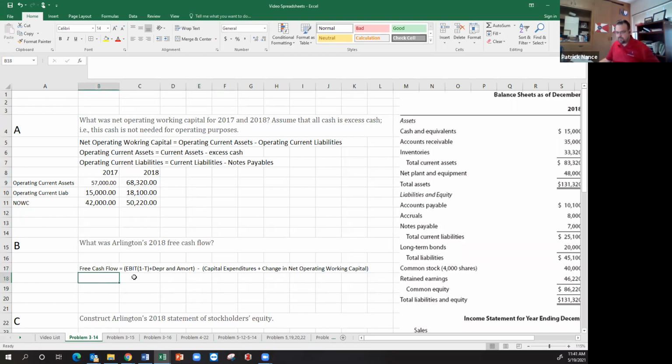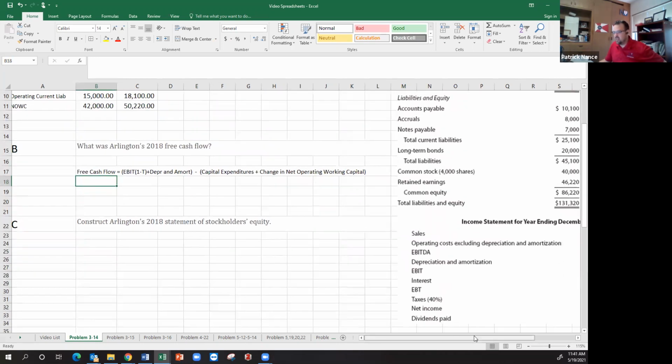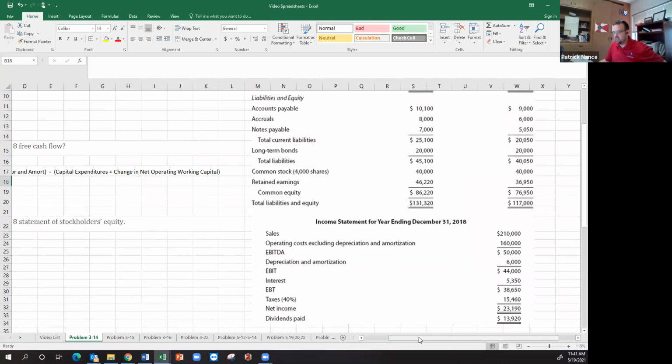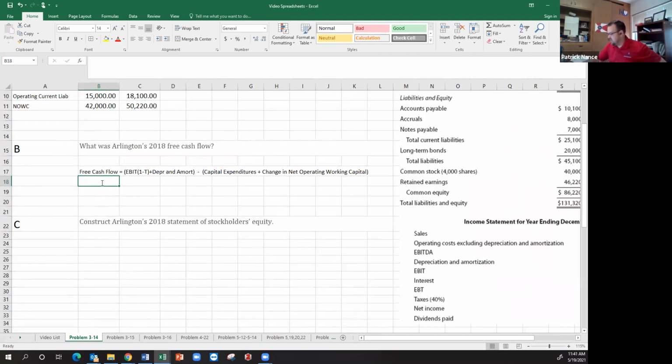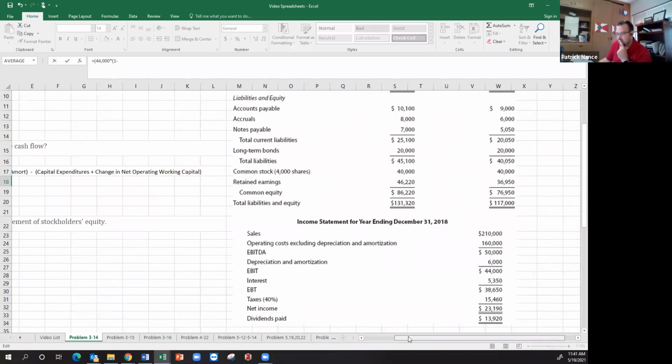So for this one, first thing I can find is my EBIT, which is 44,000. So equals 44,000, parentheses here since I got some multiplying to do, times 1 minus T, where T stands for the tax rate. So it should be 40%.